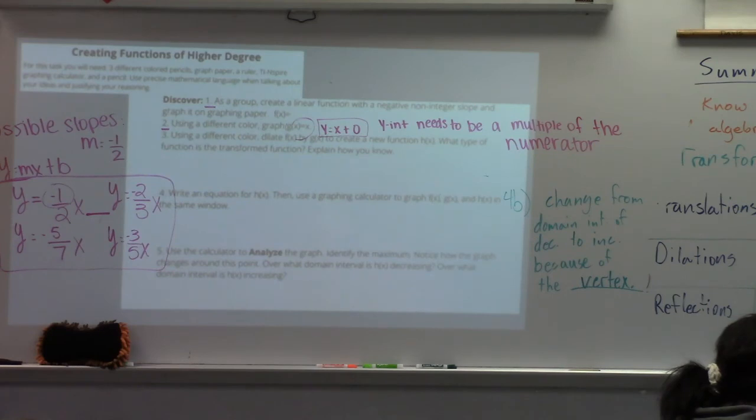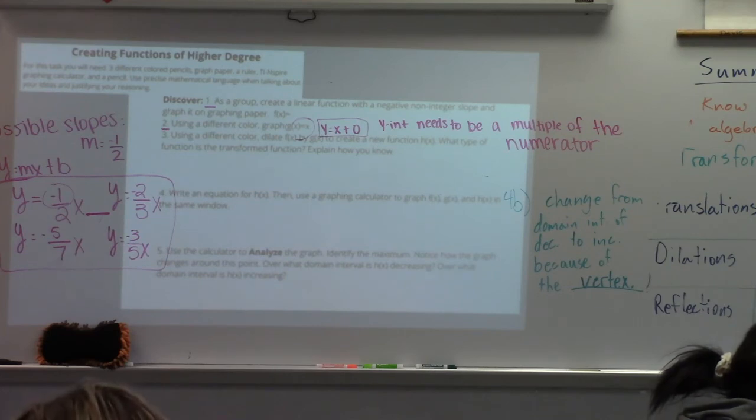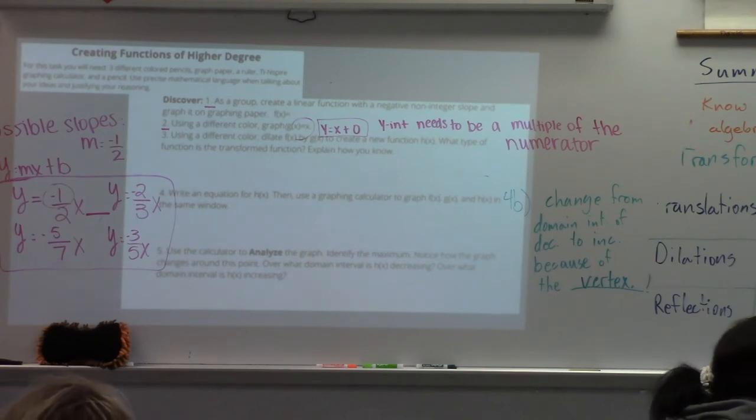Wait, hold on. What equation did you use? Ours is supposed to go through negative 5. Think about if g of x equals x, what's your y-intercept? What's that equation? Y equals x. So what does that line look like on the graph? Is it negative 5?